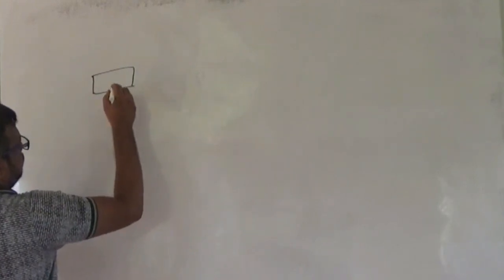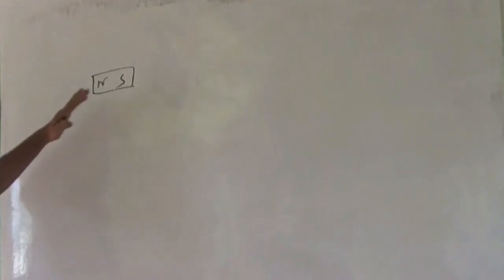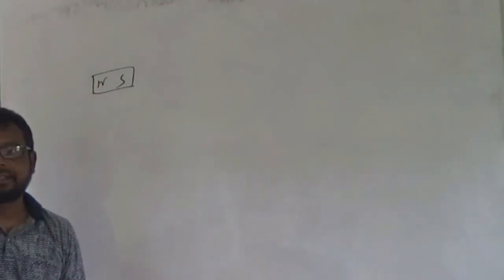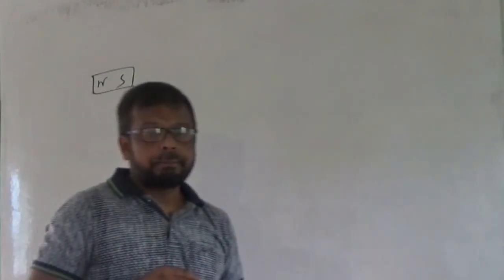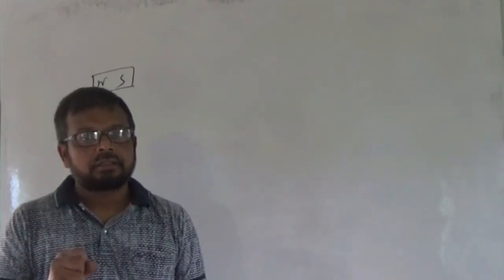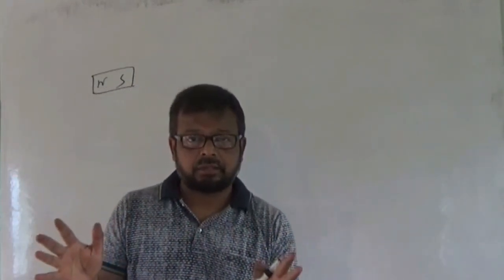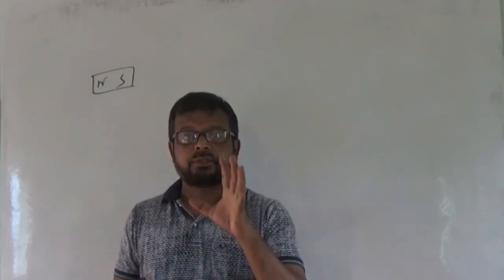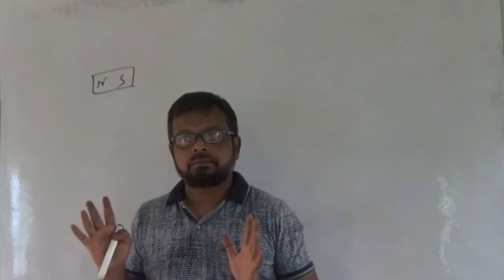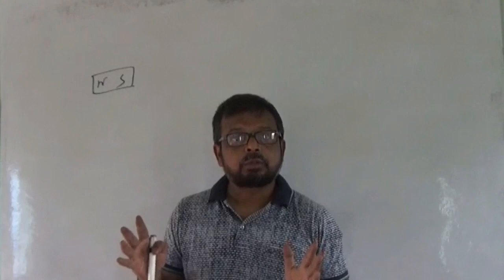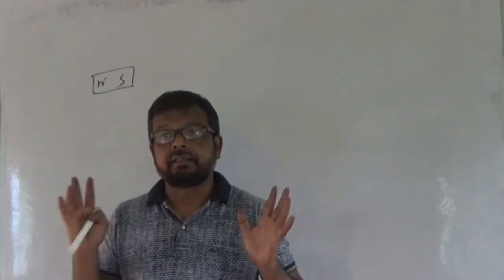Here is a magnet, then there is a magnetic field surrounding this magnet, and that magnetic field can be represented by a set of lines. But actually those lines do not exist. Just to visualize, we can draw those lines. Visualize what? To visualize the magnetic field.